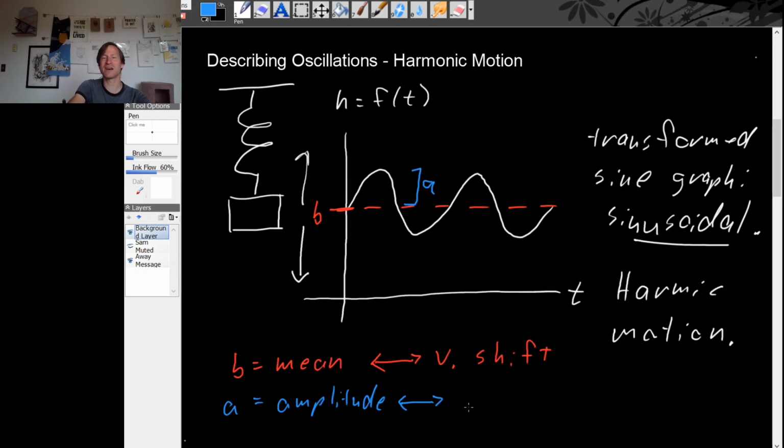And so you're going to have some sort of vertical stretch to make the amplitude be what you observe in the spring. Next, the length of time that it takes to go through one cycle, that would be this distance. That's the period.